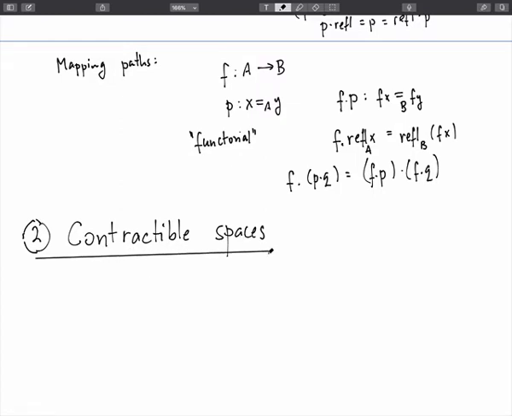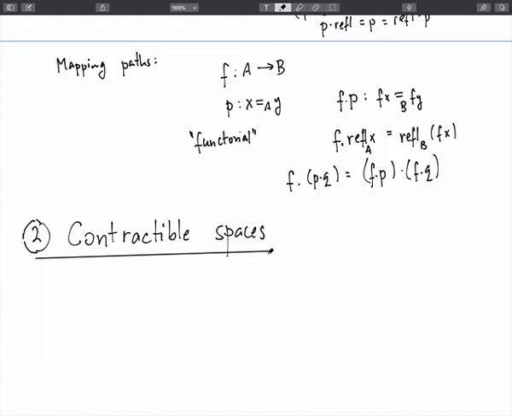A space is contractible if there is a homotopy from the identity map to a constant map. But first of all, to have a constant map, your space needs to be inhabited. It has to have an element. So you pick some element, like x, and then you say the constant map on x is homotopic to the identity map. Or to say it another way, the identity map is null homotopic. That's the definition of contractibility.